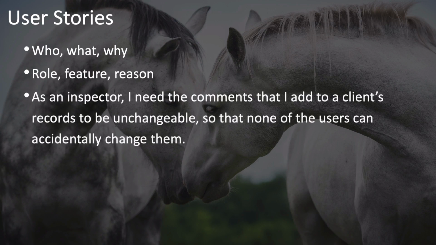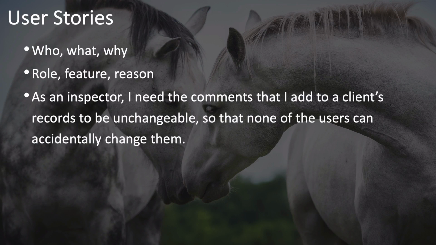Here's an example. Suppose the user story is, as an inspector, I need the comments that I add to a client's records to be unchangeable so that none of the users can accidentally change them. This could be implemented with some simple code that prevents users from editing comments after they've been saved.